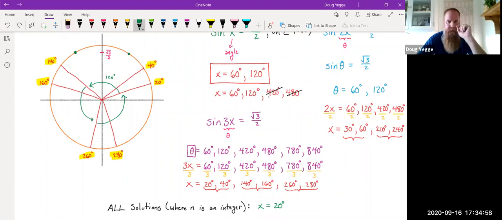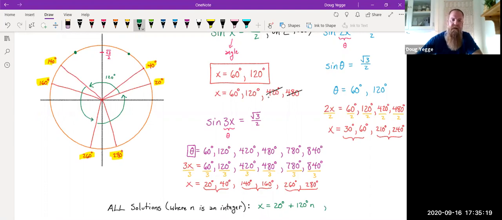So it looks like I could continue to get to all three of these angles by starting at 20 degrees and adding 120 degrees each time. And so one of my general solutions is 20 degrees plus 120 degrees n.